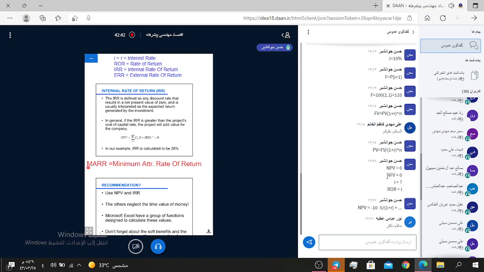If ROR is bigger or equal to MARR, the project is accepted, etc.